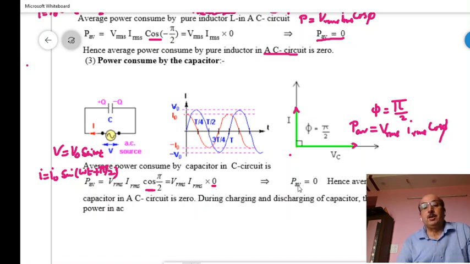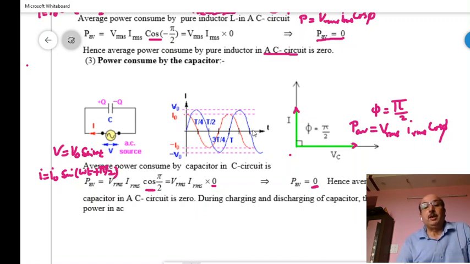So we again get the average power consumed by capacitor in AC circuit is 0. During charging and discharging of the capacitor, there is no dissipation of power in AC.